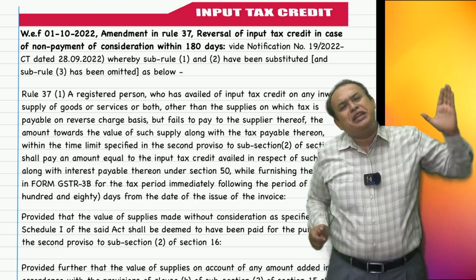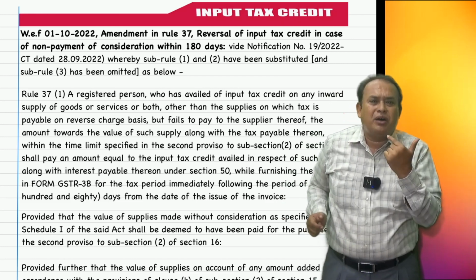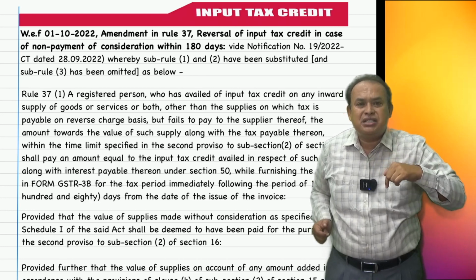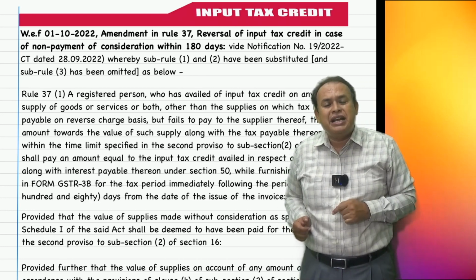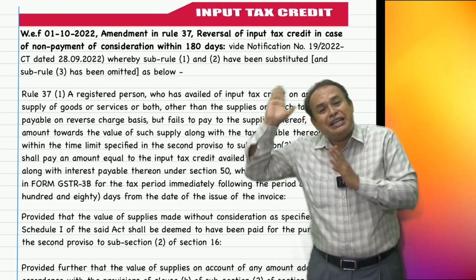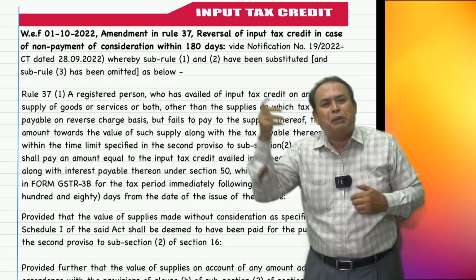If you take that lengthy time to reverse, you are a loser by paying a higher amount of interest, because in the given case you have availed the input tax credit. When did you avail it? Before the 180 days. That means at that time you were not eligible to avail ITC, yet you availed it because you have not made the payment within 180 days.